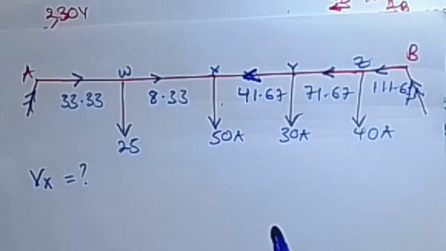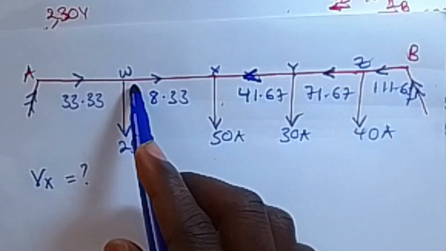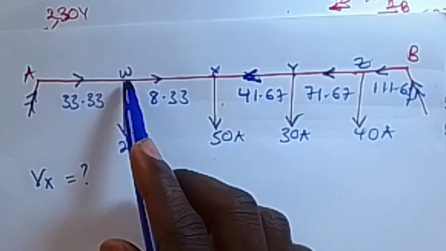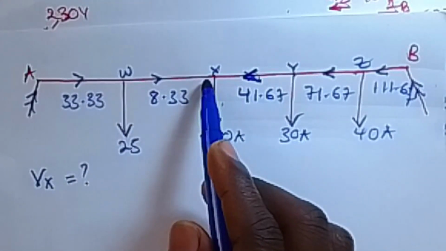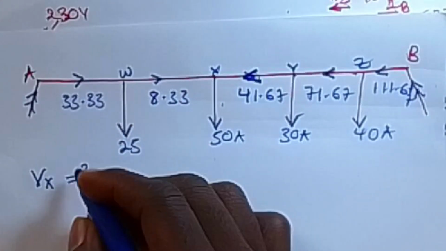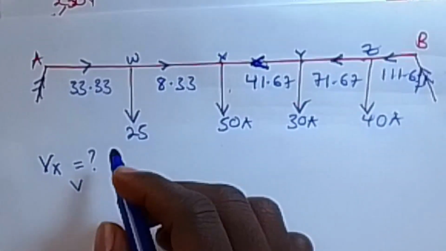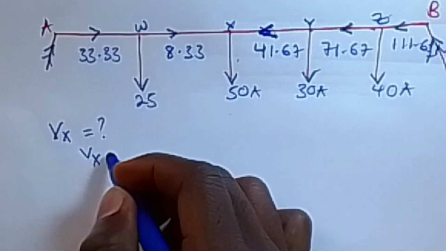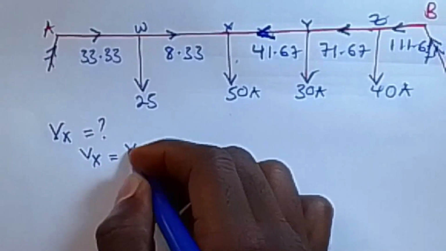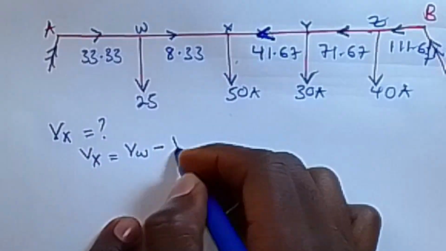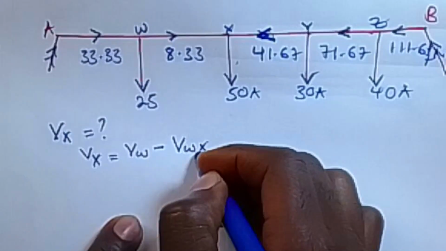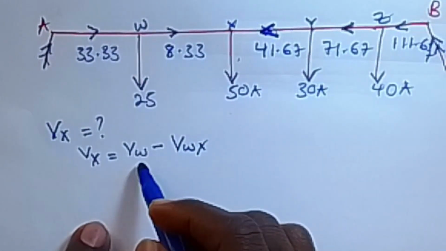So to find the voltage at X, working from this direction, it will be the voltage at W minus the drop between W and X. So Vx by definition is equal to VW minus the voltage drop between W and X. But we don't know VW.